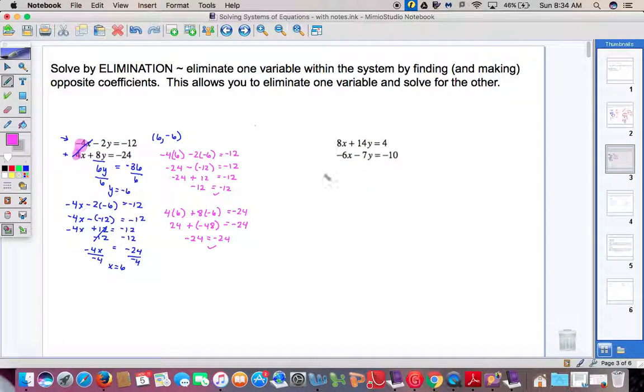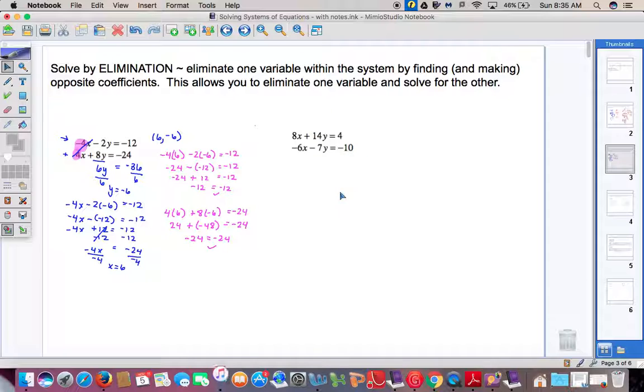Okay, if we look at this second equation here, I've got 8x plus 14y equals 4, and negative 6x minus 7y equals negative 10. Now I do not have a set of opposite coefficients for a variable, so I need to make it.